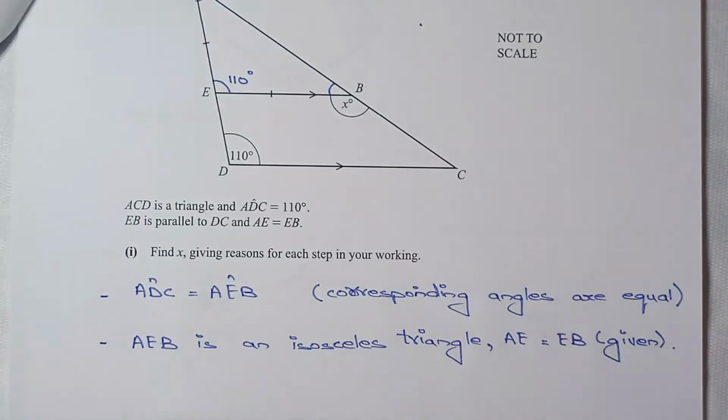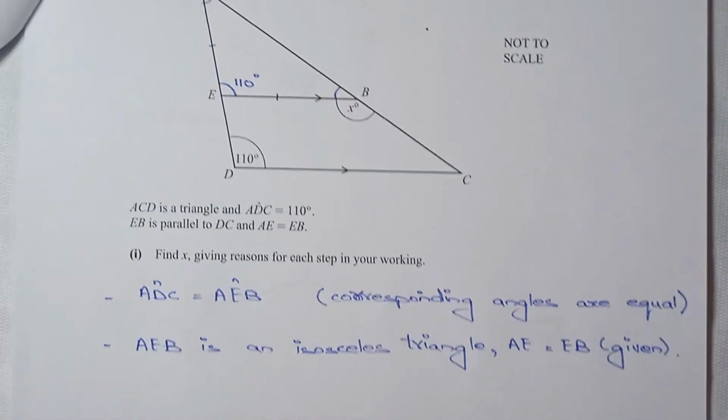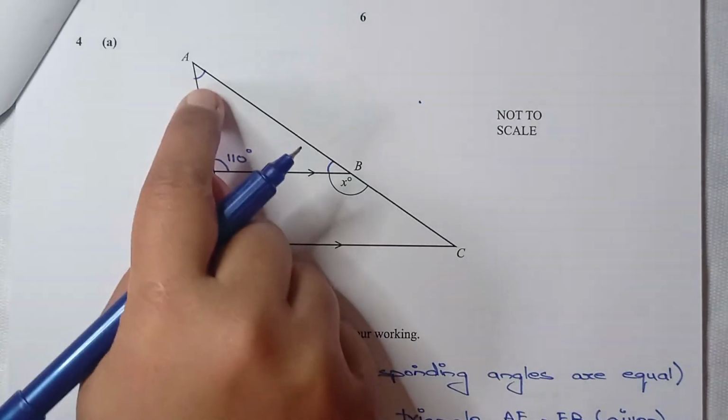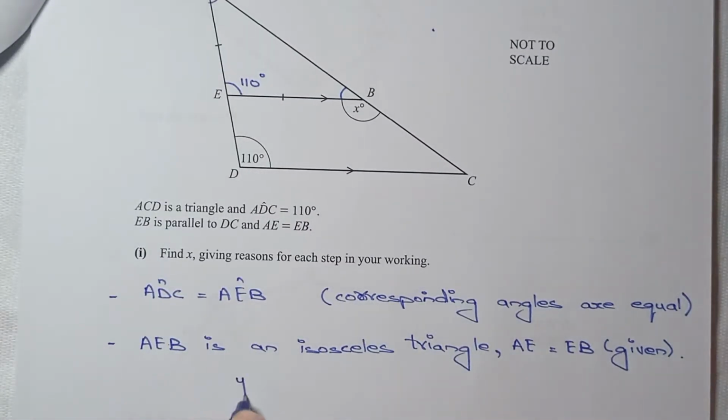Okay, so if it is an isosceles triangle, then we can easily find the angle A and B by using the sum of all angles of a triangle is 180. So if I can say that this angle is Y, this is Y, and this is 110, so we can say that 2y plus 110 would be 180. So we can say that 2y would be equal to 180 subtract 110.